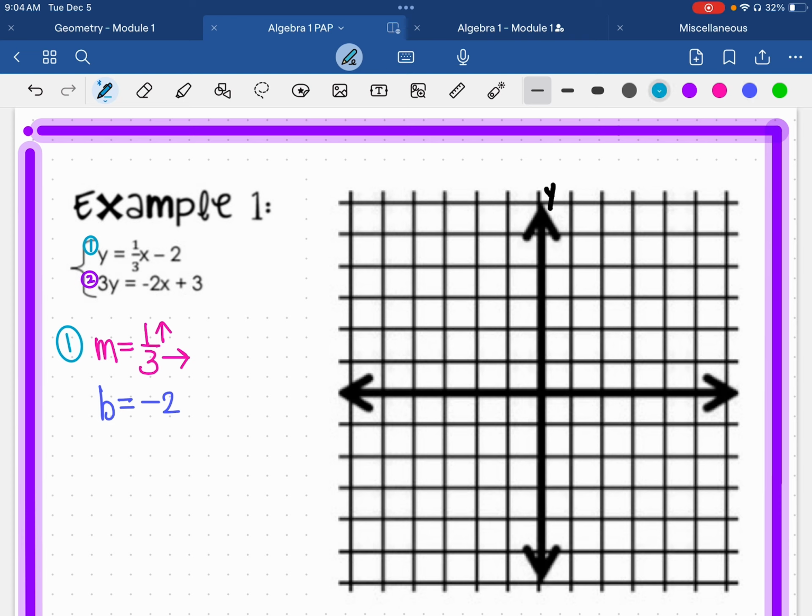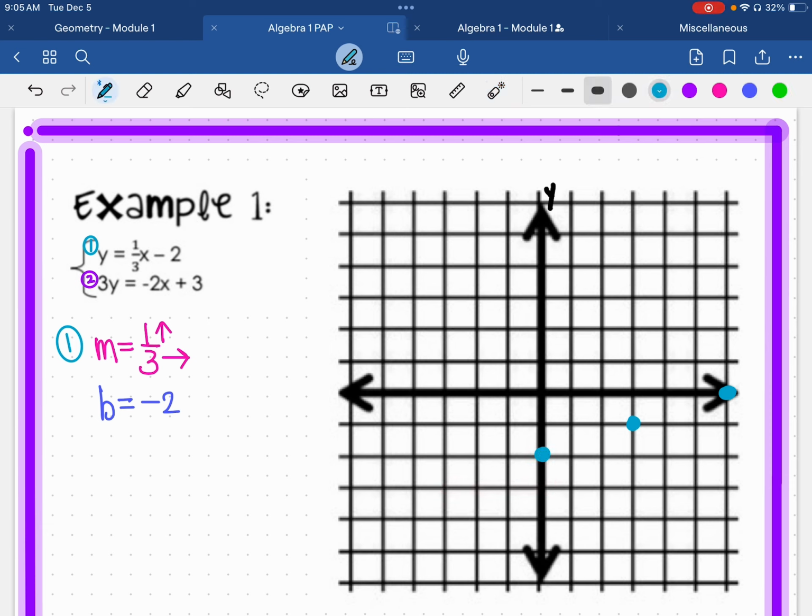Now I'm going to plot these points, starting at -2 and then going 1 up and 3 to the right. I can go back to my beginning point, and instead of going 1 up and 1, 2, 3 to the right, I can go in the opposite direction, 1 down and 1, 2, 3 to the left.